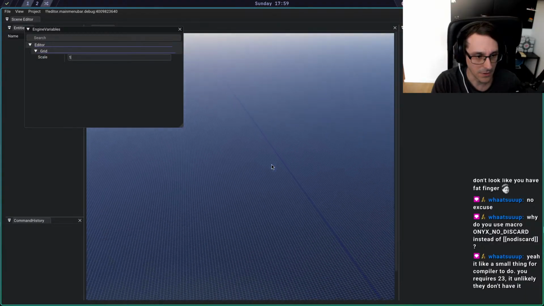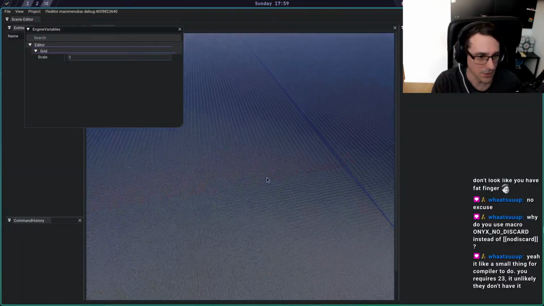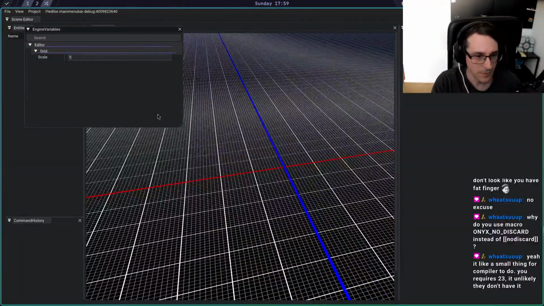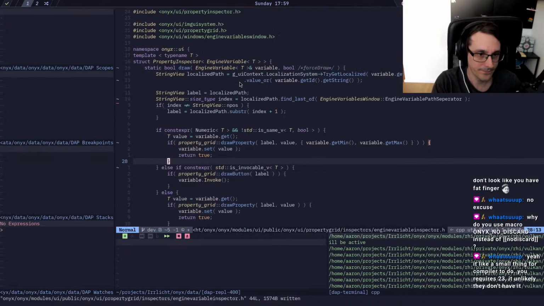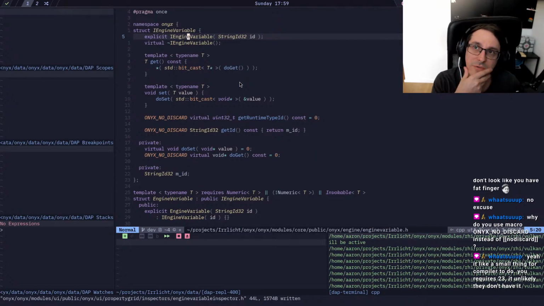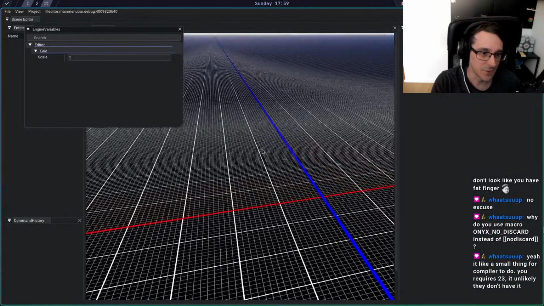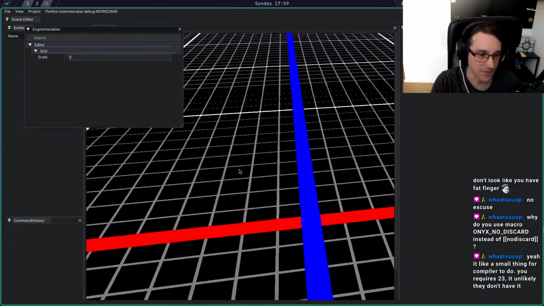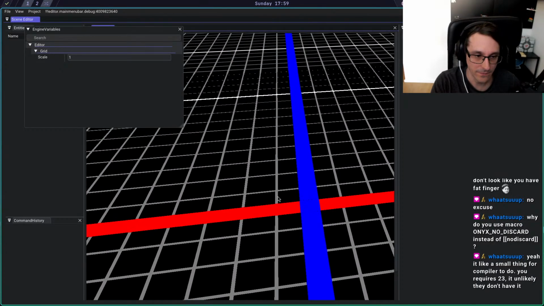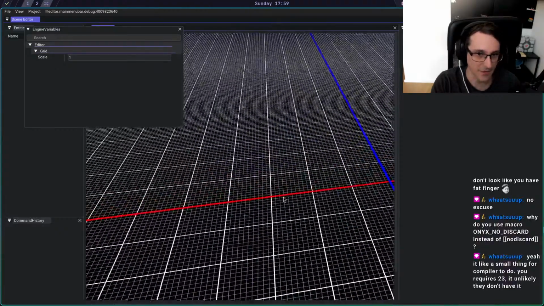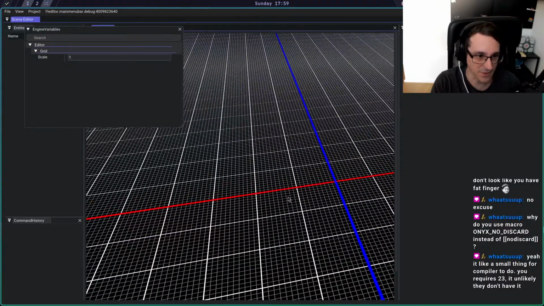But I think... How can I do lower than 1? Probably not, right? I think I clamped it to 1. Oh, because we have an int. I don't think you will ever need something smaller than 1 here. Yeah, I think it's fine that the scale just goes to 1.